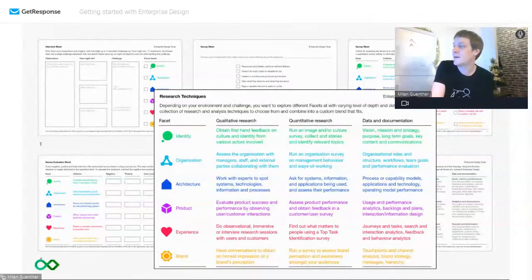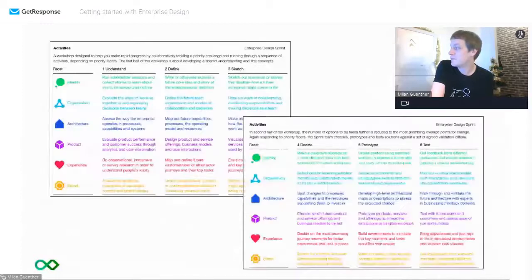We have the sprint format, where you have a typical sprint process, going from understanding the problem to defining what you want to solve, the challenges, sketching potential solutions, deciding which ones to prototype and testing them. And again, what you would do depends on which facet you prioritize based on your context and challenge.